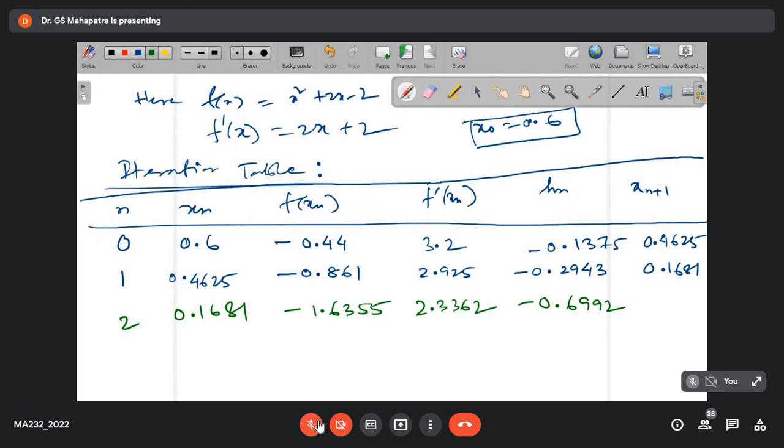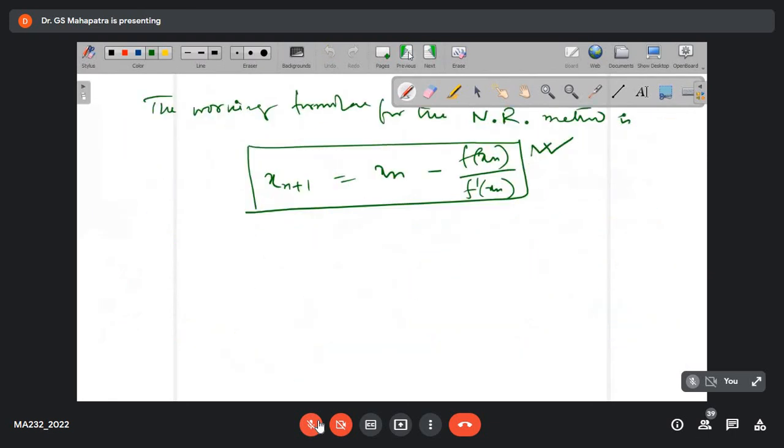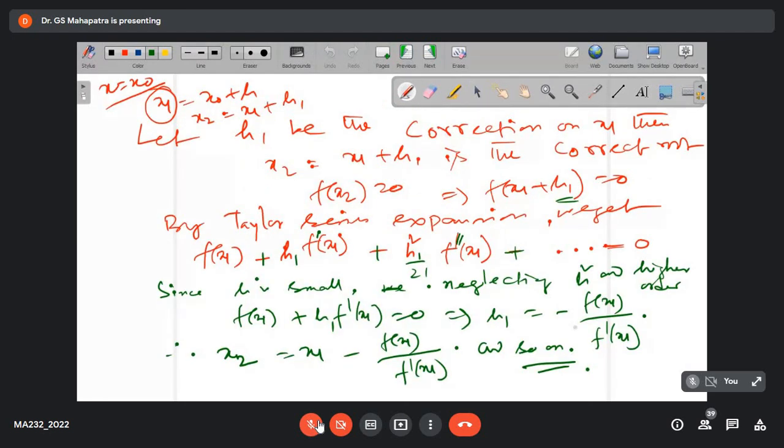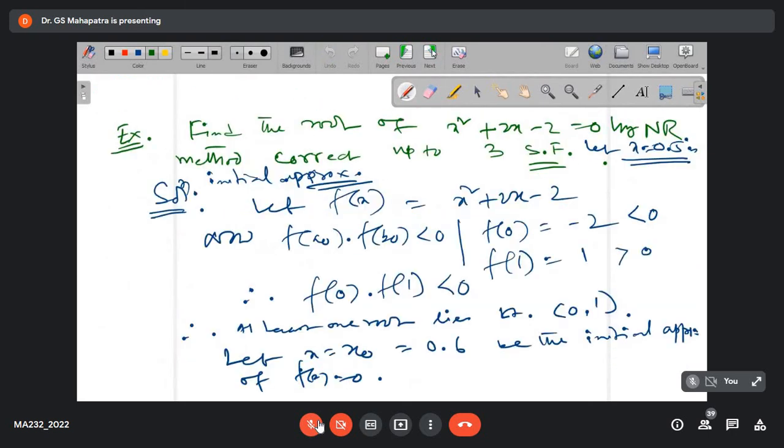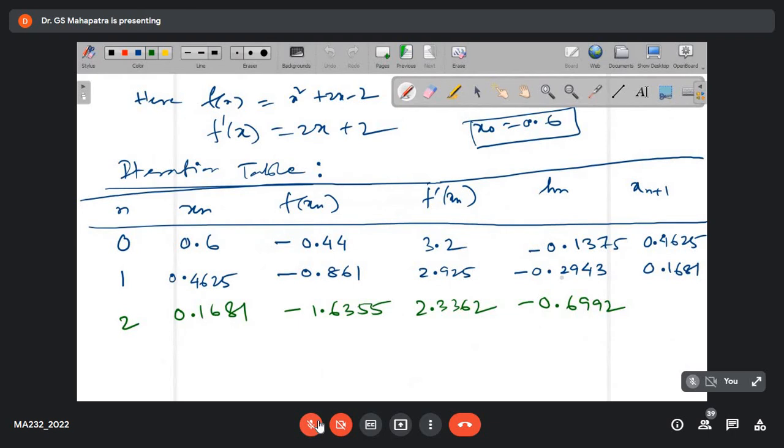What is the value of hn? Sir, maybe it is plus. H1 is this one, na? Or hn? Yes, sir. Maybe it is plus 0.137. Okay. Oh, it's not minus, plus, correct?